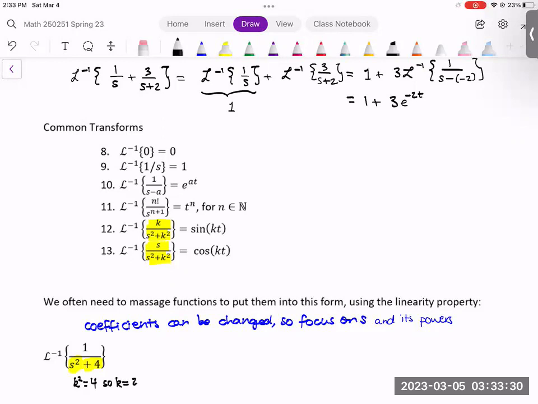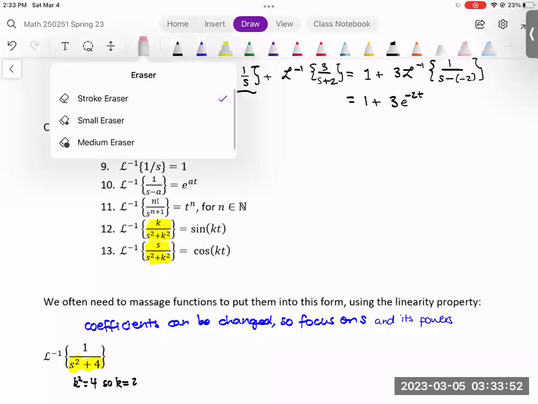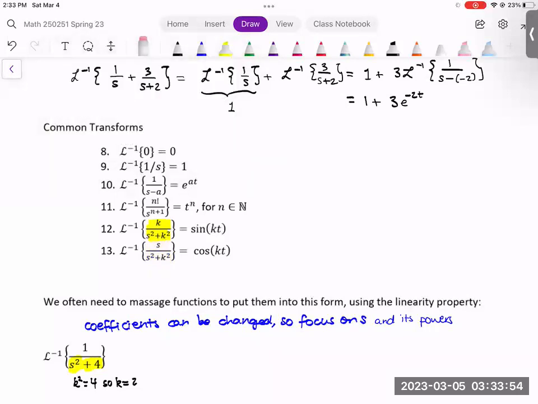And then next, so that narrows us down to either 12 or 13. And then next, what I'd like you to think of is what you see in the numerator. So in our term, we just have a constant in the numerator. In the cosine term, there's an s up top. In the sine term, there's just a constant. Okay. So indeed, we're going to be trying to match this sine term because it doesn't have the s's in the numerator.